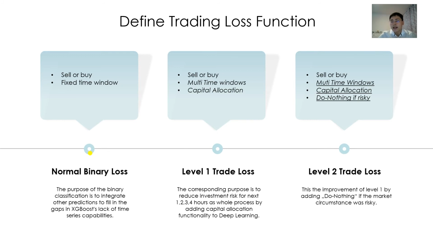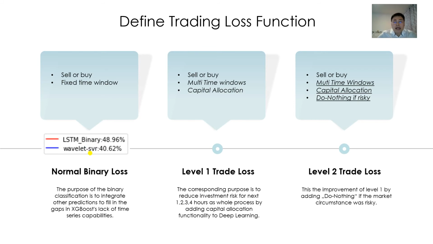In level 2, the loss function has 4 major functionalities: sell or buy, multi-time windows, capital allocation, and do nothing if the market is risky. That's very important for trading purposes, because if it's too risky, the best option is to do nothing. Do not invest anything in the market. That's very important.